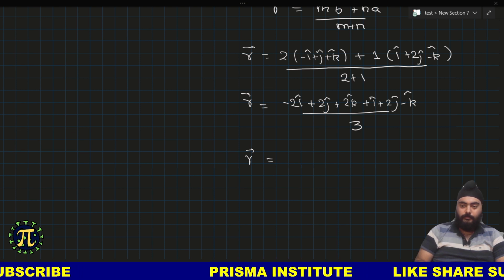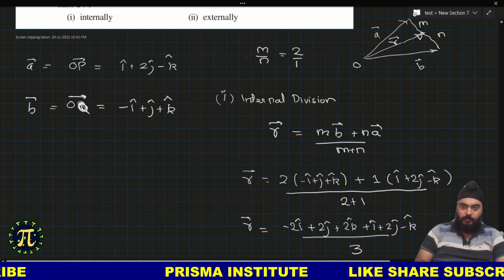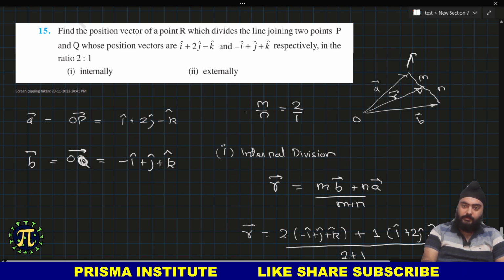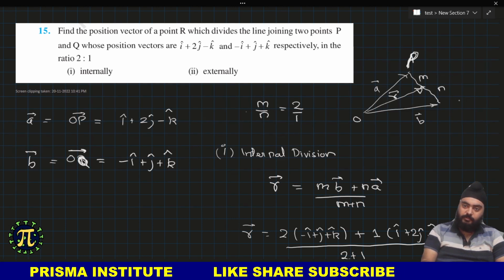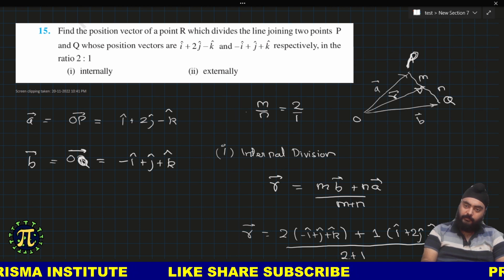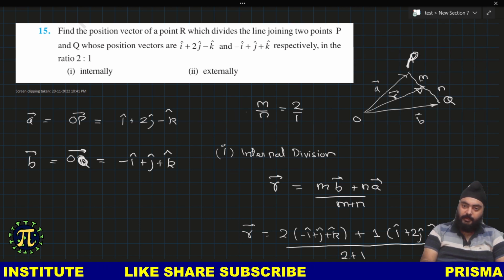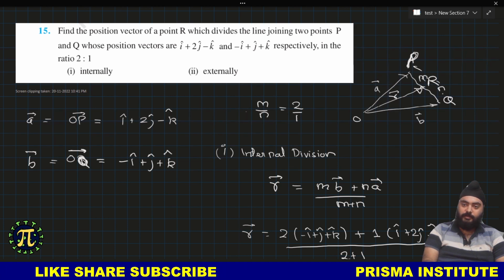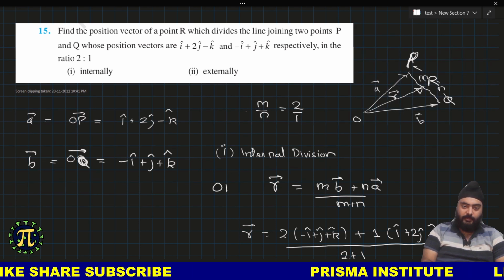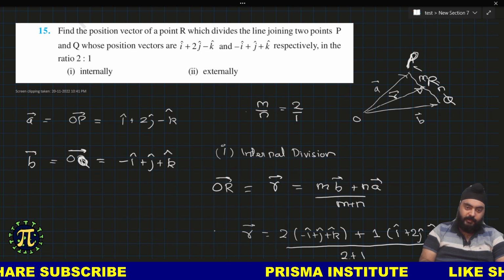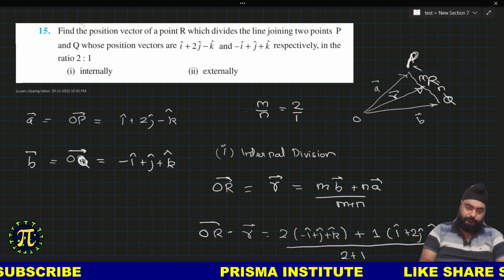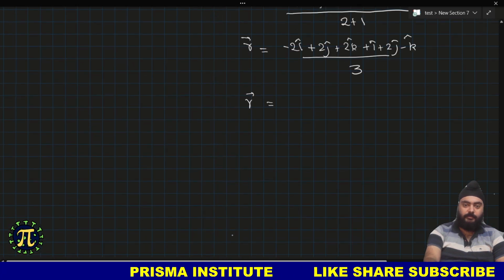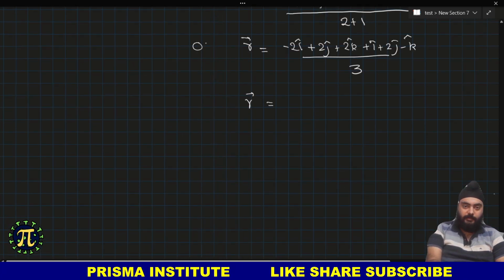So small r vector is also, let's say this is our point P, right? P, and this is Q, and this point will of course be capital R, and this is divided in the ratio m is to n. So small r or OR vector, this is the position vector of our point. OR vector, where does it join from the origin? It joins to point R, right? So OR vector.